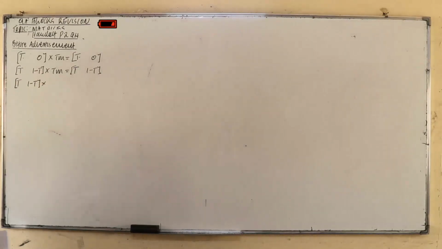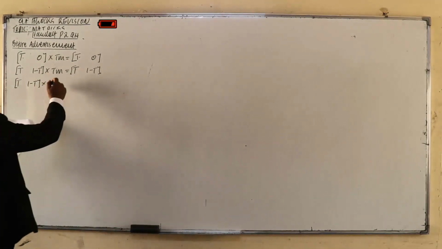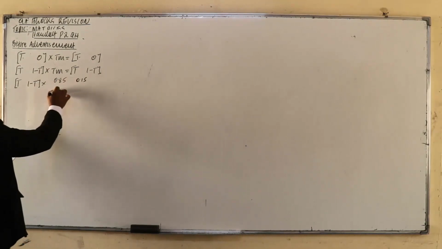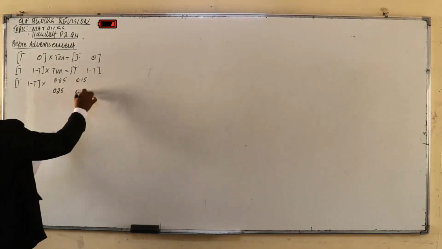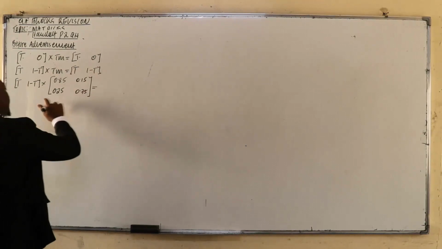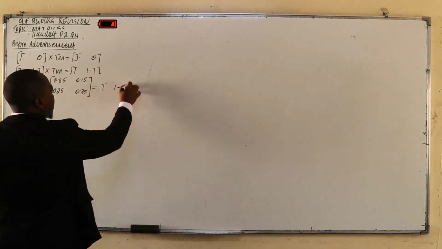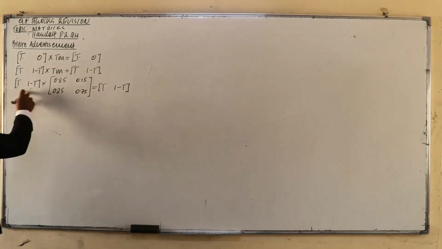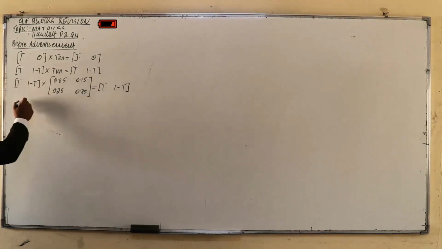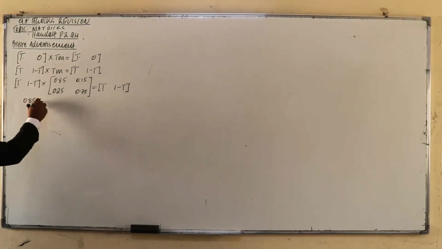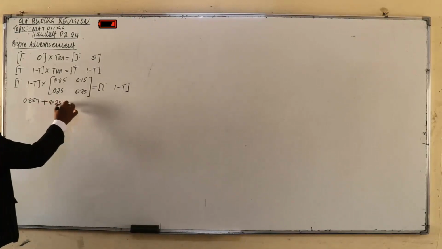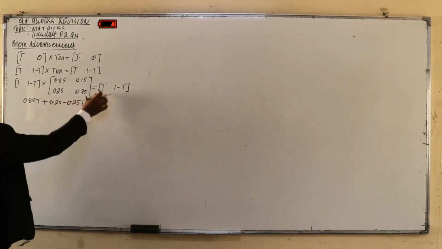Now we have the transition matrix before advertisement: 0.85, 0.15, 0.25, 0.75. The current state, (t, 1 minus t), times the transition matrix goes to the future state, which is the same as the current state. First row, first column, it's t times 0.85. So you get 0.85t plus (1 minus t) times 0.25, which is 0.25 minus 0.25t, and this equals t.